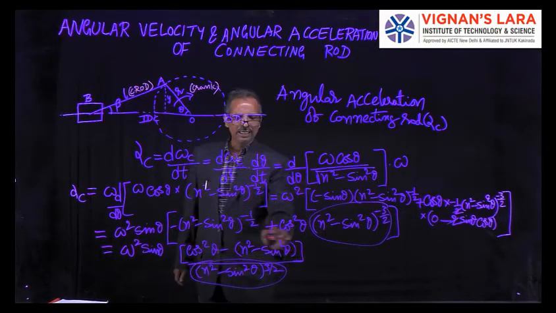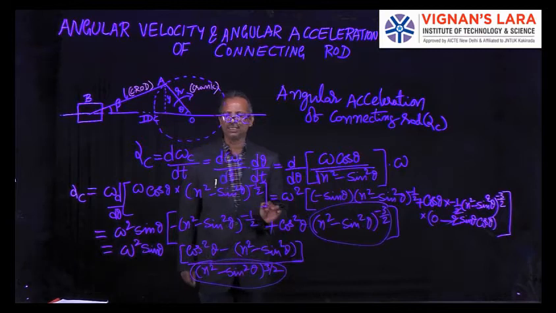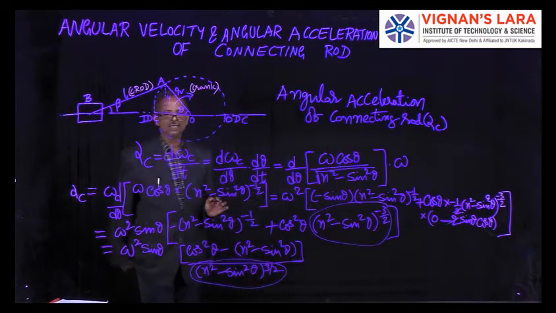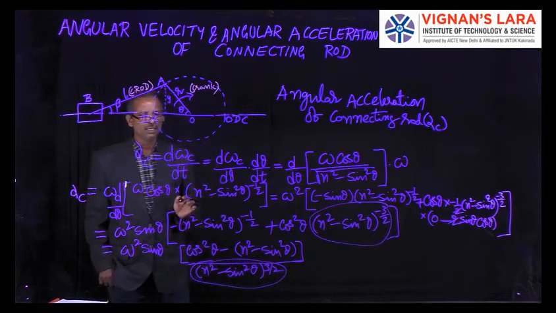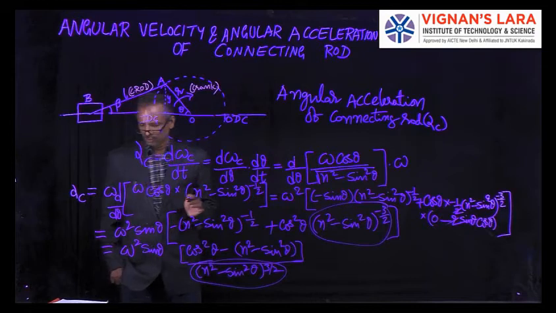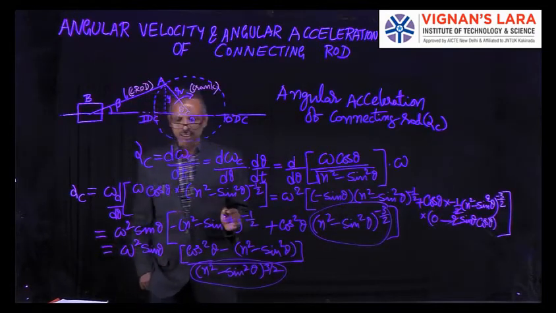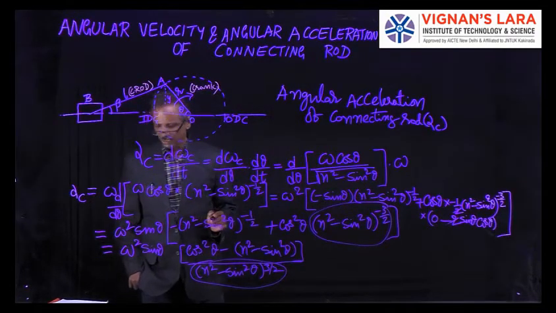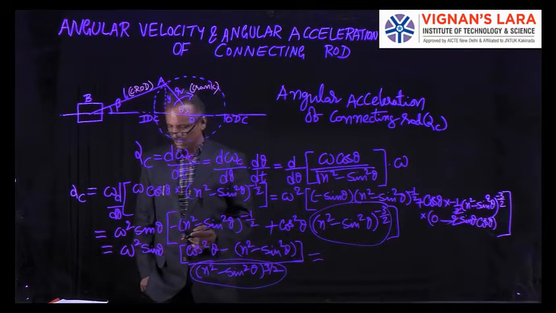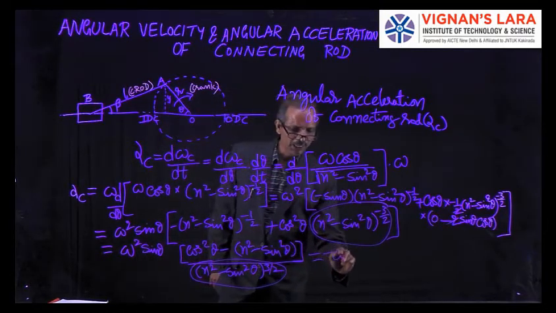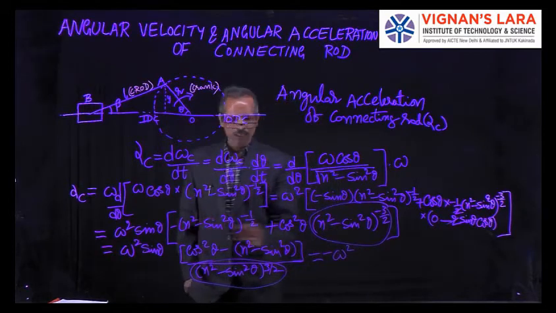So that is minus n square sin square theta, that is omega square sin theta by cos square theta minus n square sin square theta by n square minus sin square theta whole to the power of 3 by 2. Okay, so this can also be written as, if you take minus outside, minus omega square sin theta.